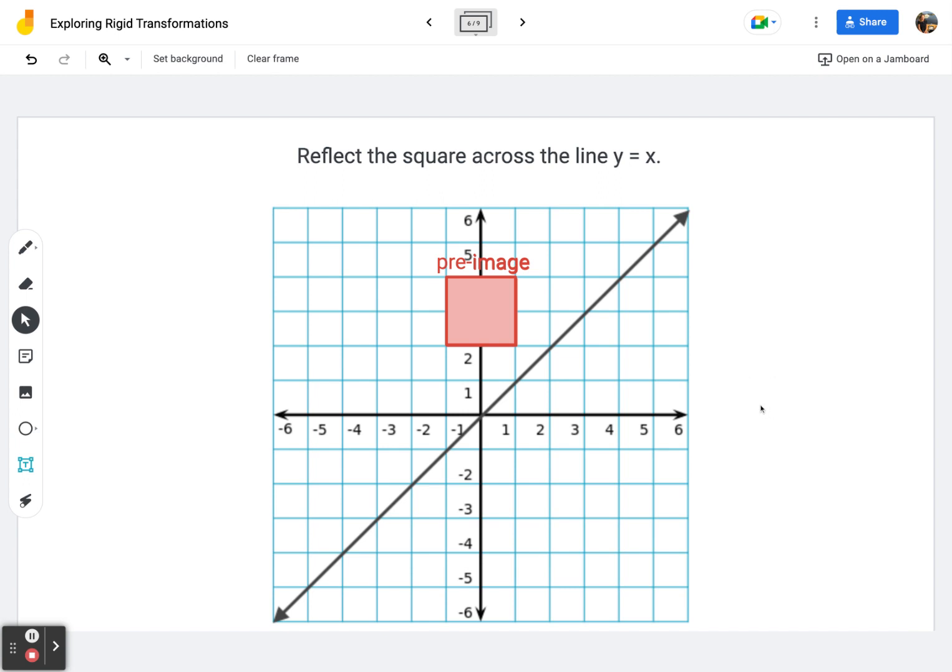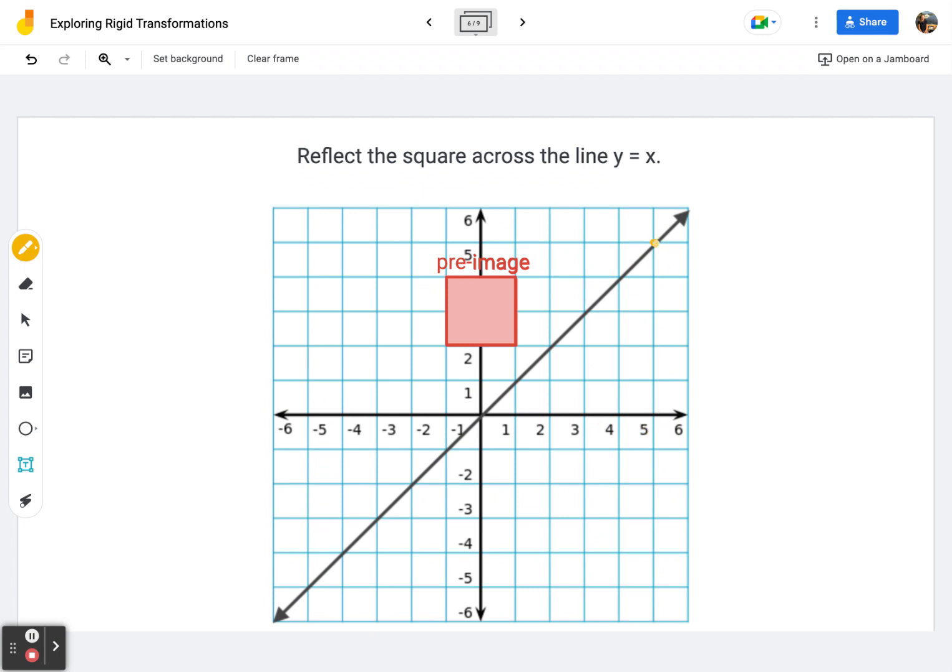Another reflection, this time across a line with a slope of 1 passing through the origin. This line has the equation y equals x because every single point that lies on that line has the same x and y coordinate.